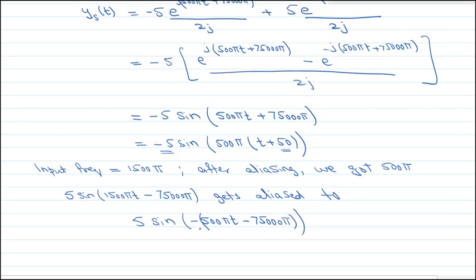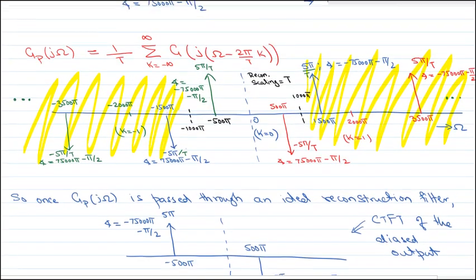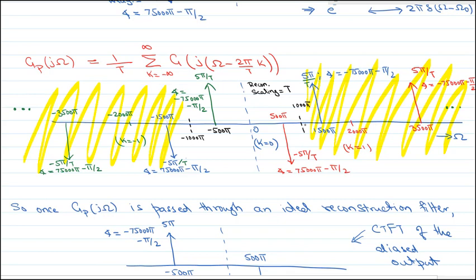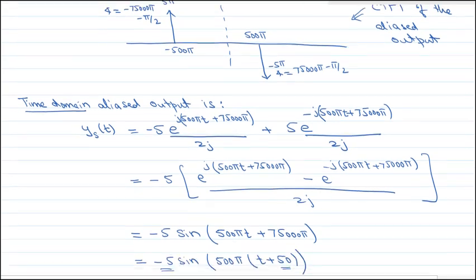Now, why does this negative sign come about? It is because if you look at this picture, this green arrow that goes up here, we have a flipping of signs, because the Fourier transform in this case is not symmetric around 0. If this was a cosine, things would be much simpler.